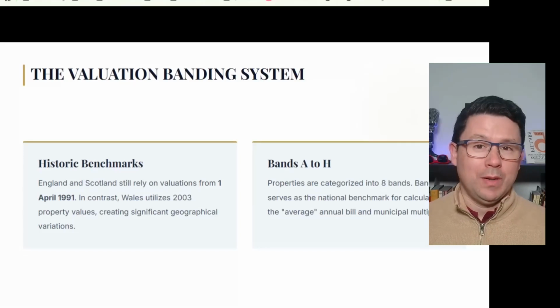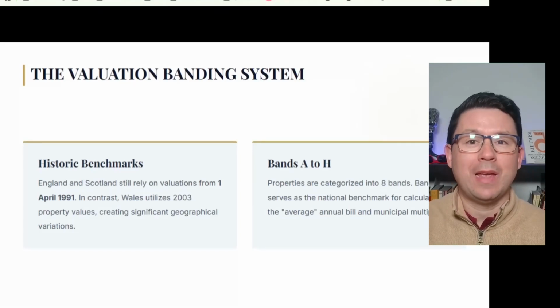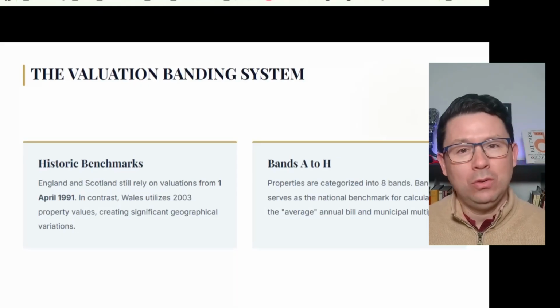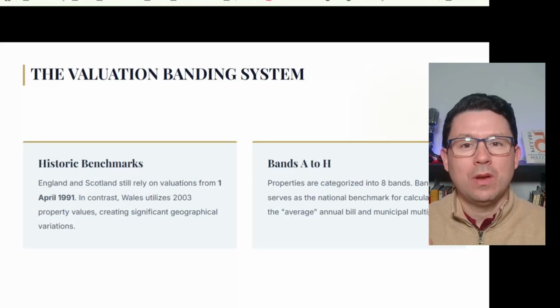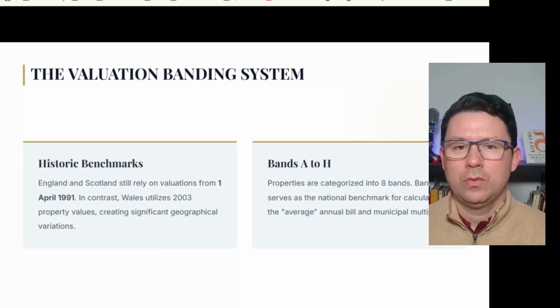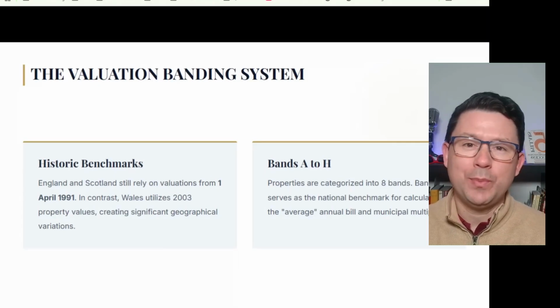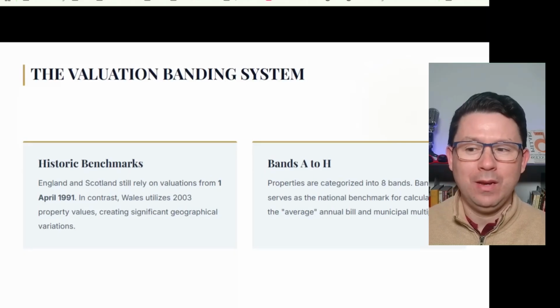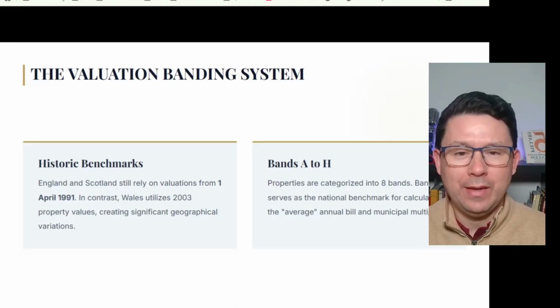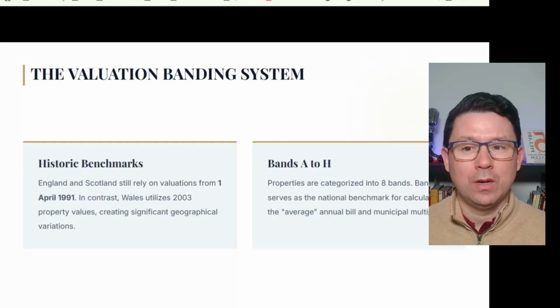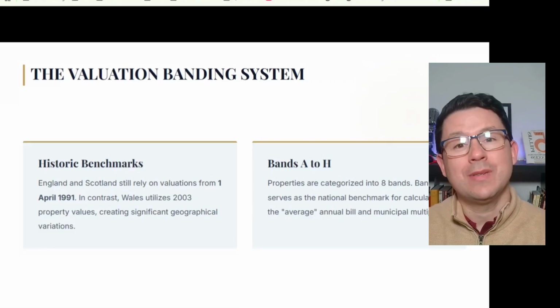Therefore, the government has created bands, normally A to H, which is 8 bands, where the government, at least in England and Scotland, set up in 1991 those bands with the valuations at the time.